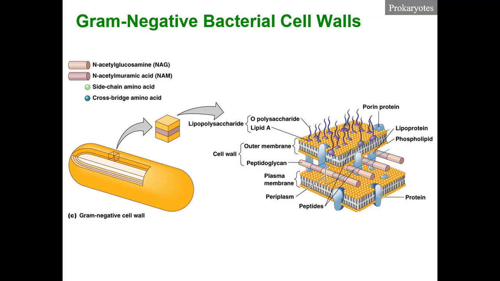So lipid A is toxic to us. And if ever you have an infection by a gram-negative cell that has a cell wall, you will be exposed to lipid A, which is a toxin. Any question about any of that?